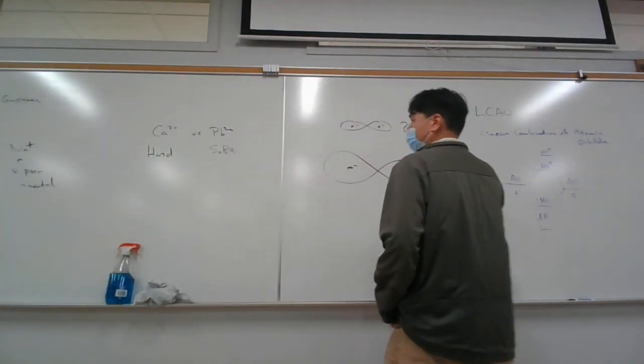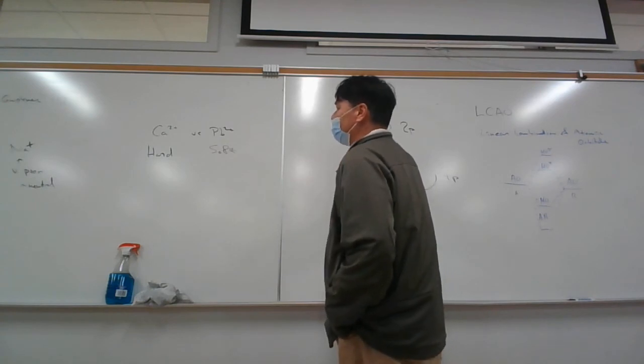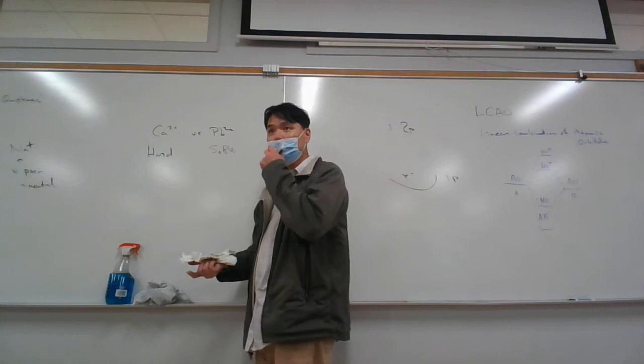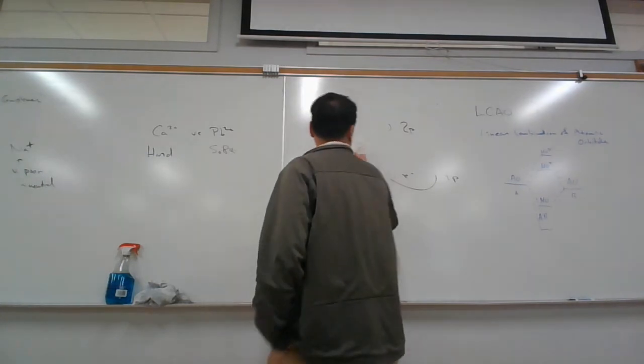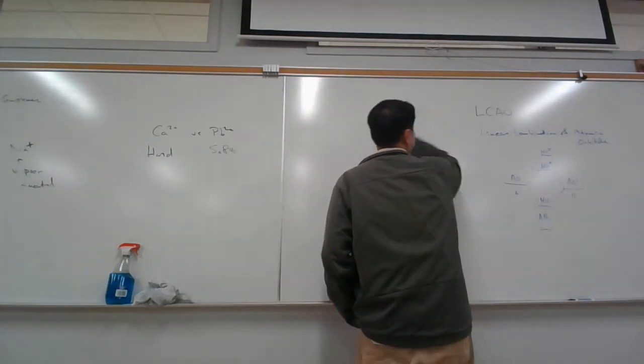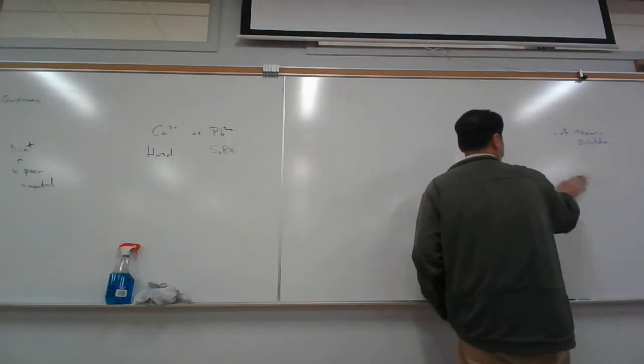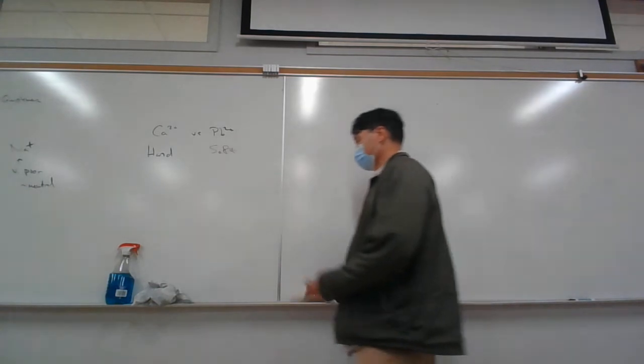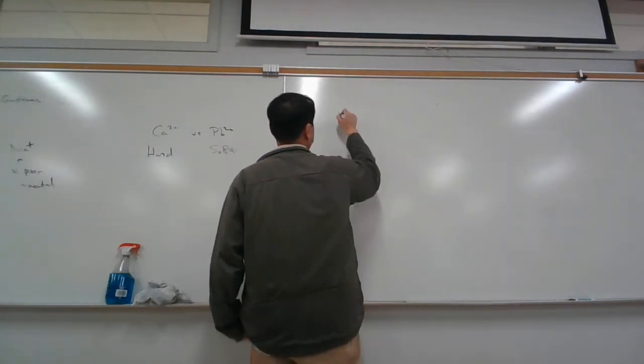So those are some acids. Normally the higher the charge and the smaller the size, the better the acid is. But there are other factors that come into play, like hard, soft, etc. But let's take a look at the bases.